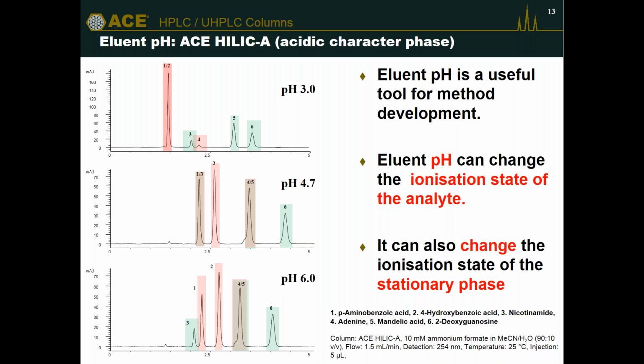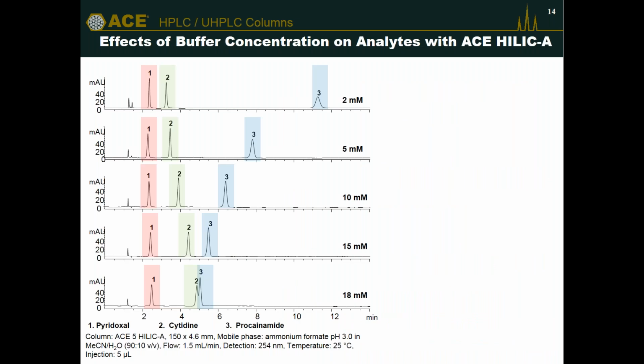Of course, if all of your analytes are polar neutrals, then the pH of the mobile phase is probably less influential. If we look at buffer concentration as a parameter, we can see here, very interestingly, peak 3 is a basic molecule, procainamide.